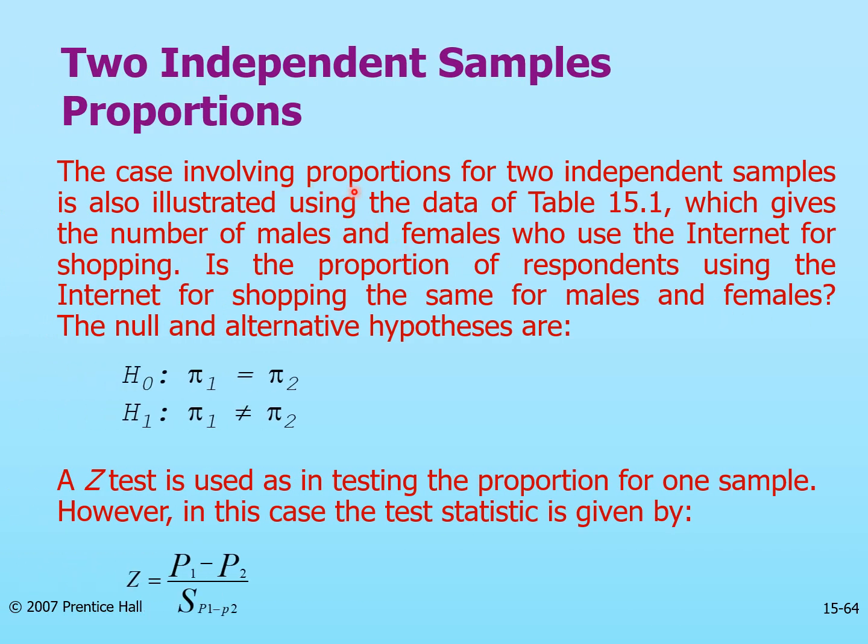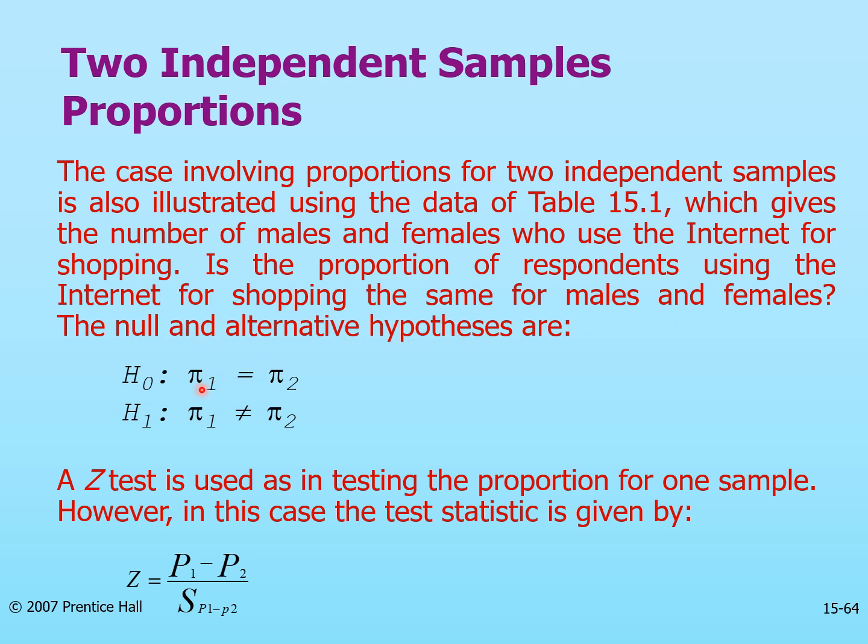The case involving proportions for two independent samples is also illustrated using table 15.1, which gives the number of men and women who use the internet for shopping. Is the proportion of respondents using the internet for shopping the same?